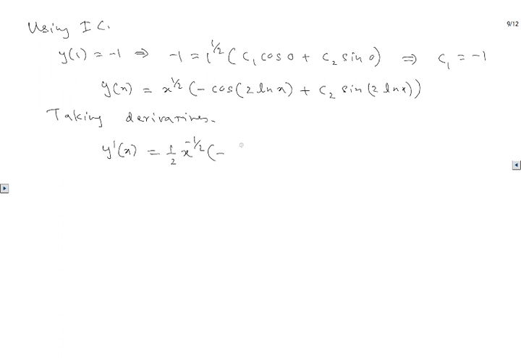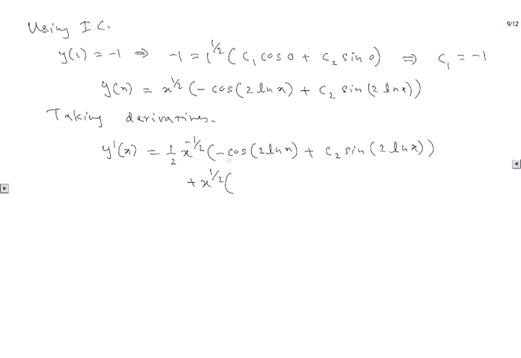If you use the product rule, you take the derivative of the first term and then keep the second term as it is, so the cosine of 2 ln x plus c2 sine of 2 ln x. Now we take the derivative of the inside function.